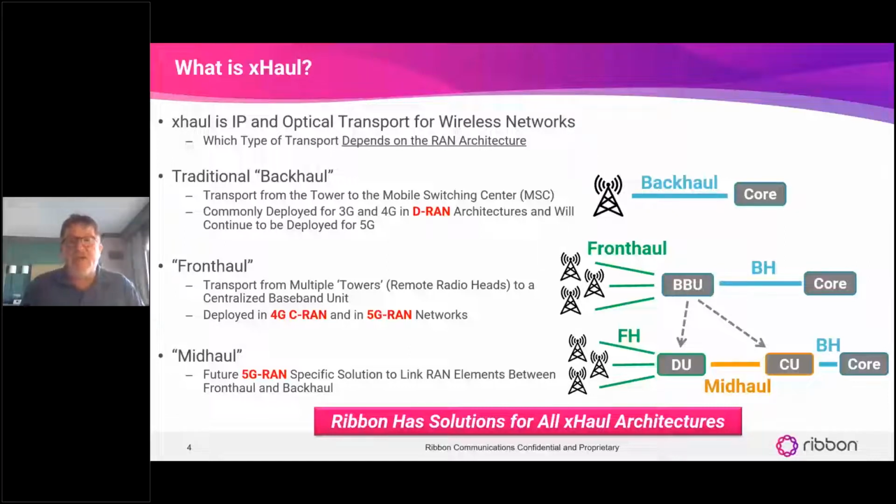So instead of having an antenna and then a baseband unit to process the signal and put it on fiber at the bottom of a tower, now we can put remote radio heads out on towers or mini cells and then send many of those to a central baseband unit and have one BBU handle the traffic for multiple towers.